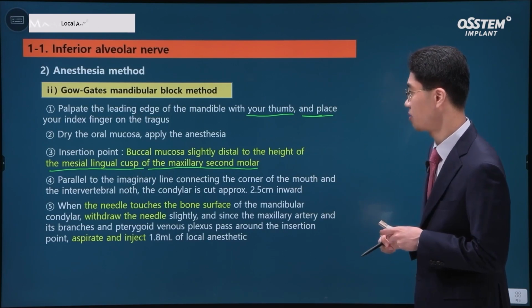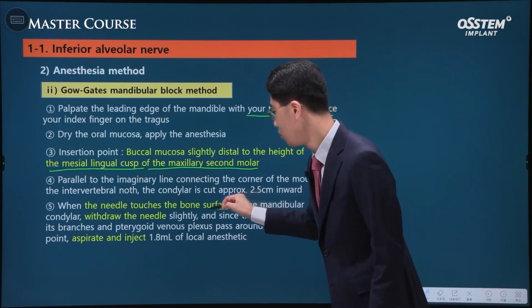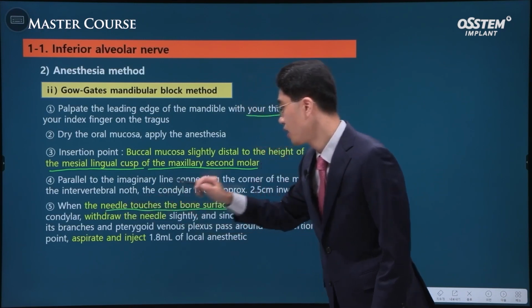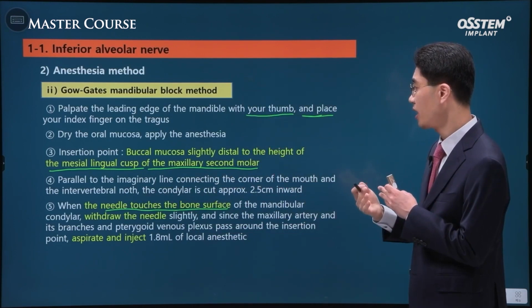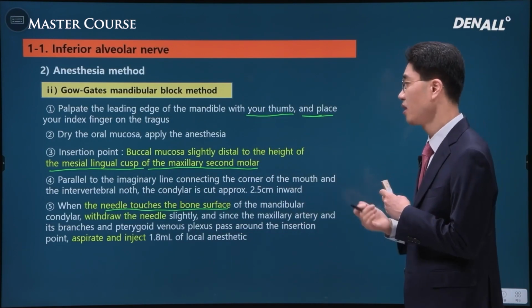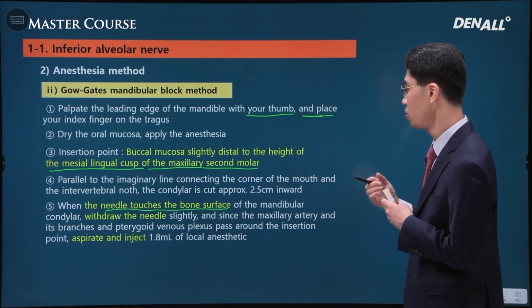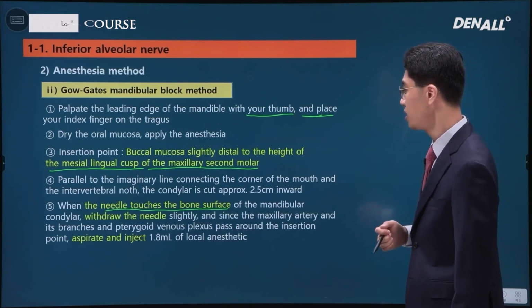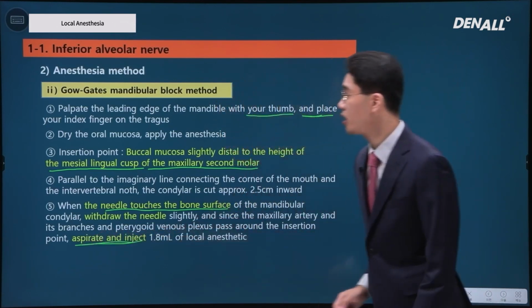When the needle touches the bone surface of the mandibular condyle, withdraw the needle slightly. It needs to touch the bone surface, and then you need to withdraw by 1 or 2 millimeters and inject it gradually. Aspiration needs to be performed. You need to make sure it doesn't go into blood vessels.